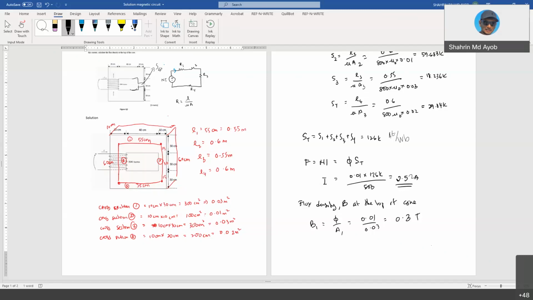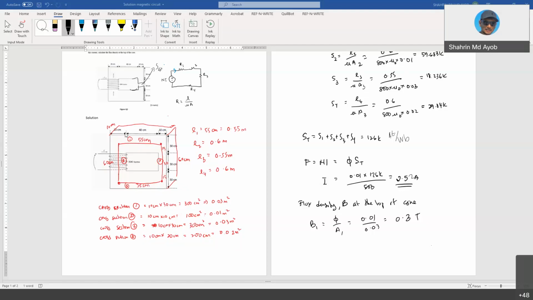But if the question gives you the overall, for example, if you refer to the example in our slide, it usually gives the total length. For example, the total length of the core material is 1 meter, so you don't need to calculate.